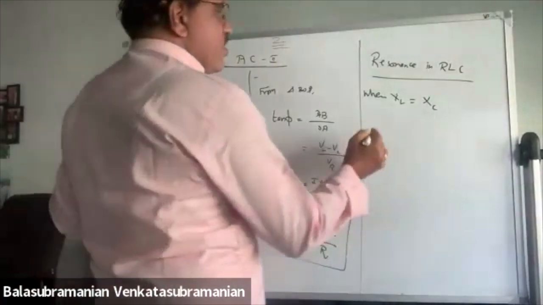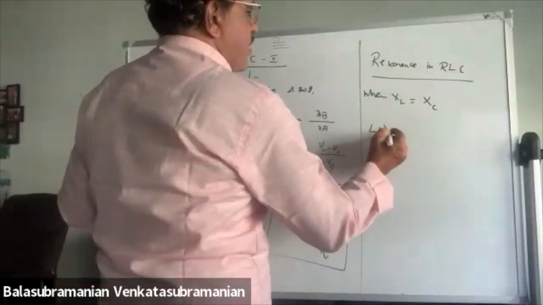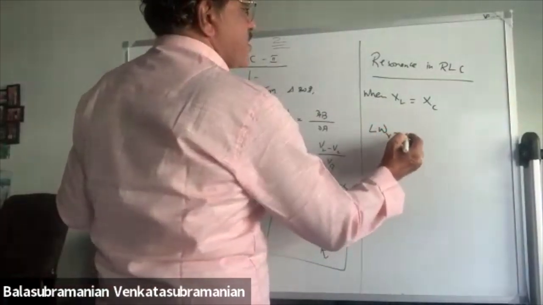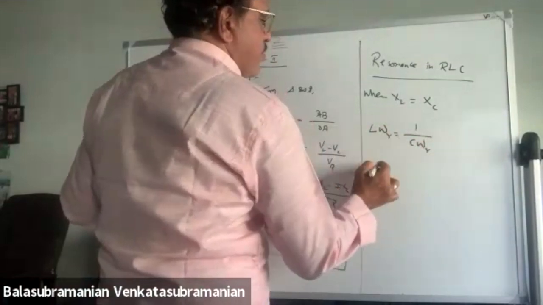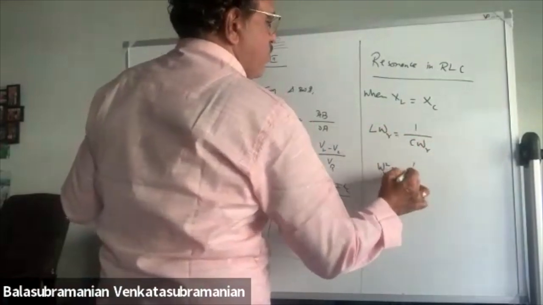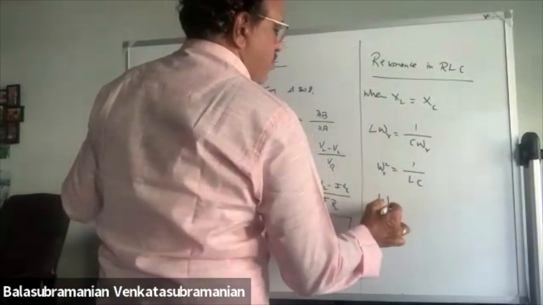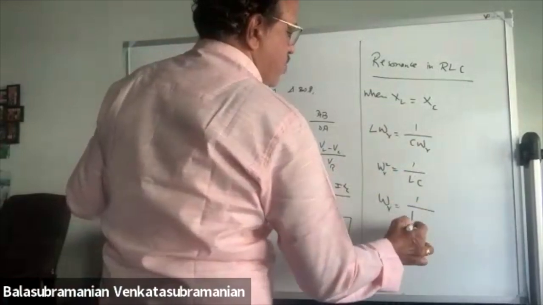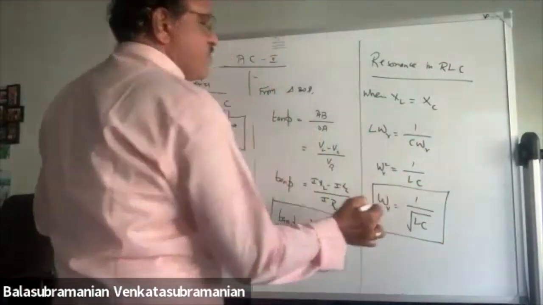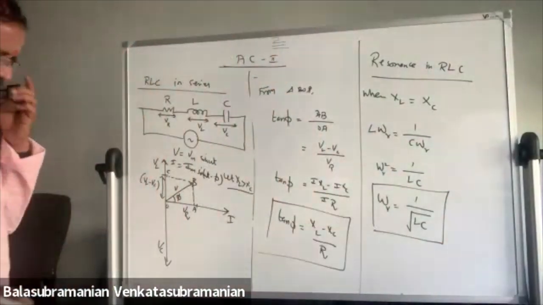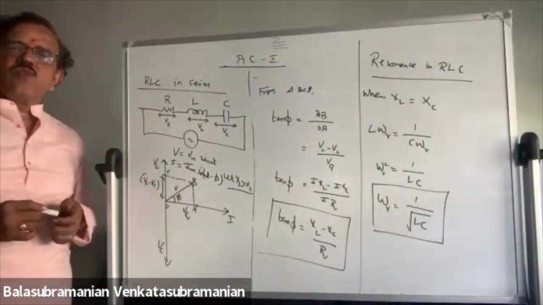XL is equal to XC represents resonance. L omega is equal to 1 by C omega. So omega square is equal to 1 by LC. Omega is 1 by root of LC. This is called resonance angular frequency.